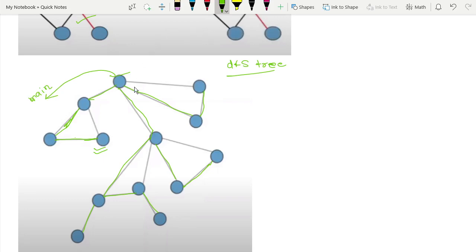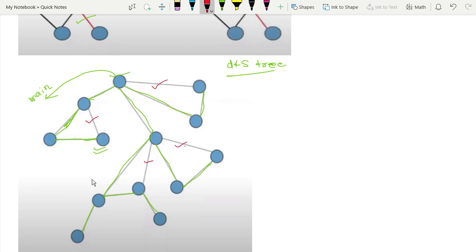Here you have to observe one thing: this edge is unvisited, this edge is unvisited, this edge, not the vertices, this edge is unvisited and this edge is also unvisited.